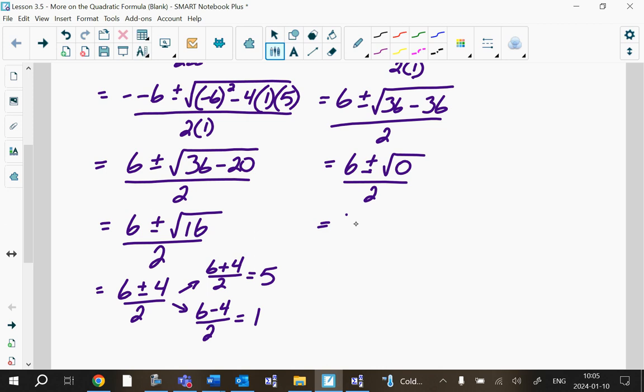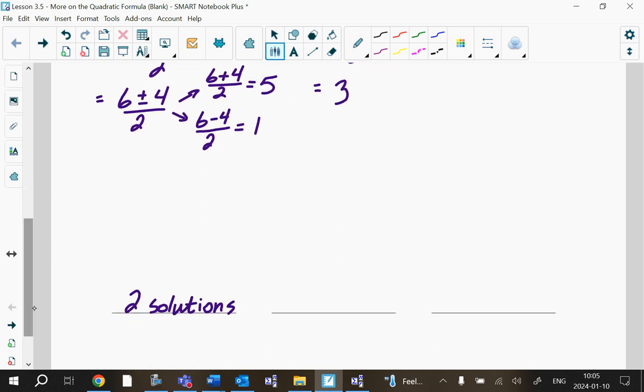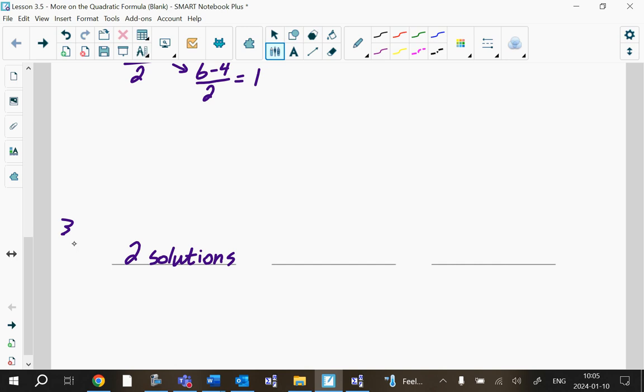Well, the plus minus doesn't matter, because 6 plus 0 is still 6. 6 minus 0 is still 6. So we get 6 divided by 2, which is 3. How many solutions? 1. 1 solution.